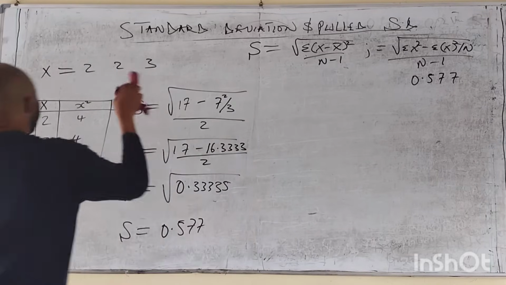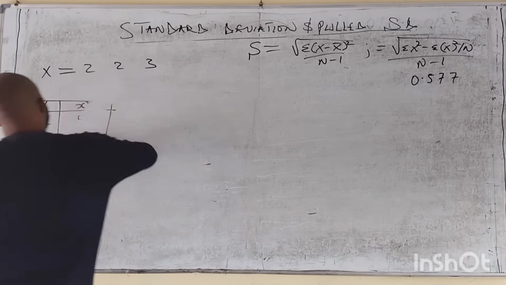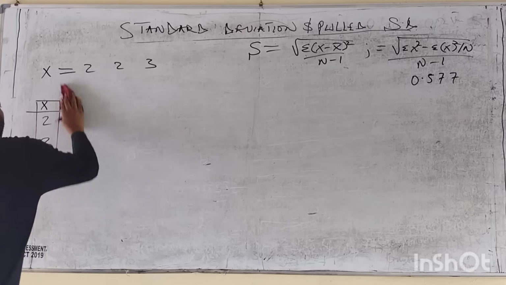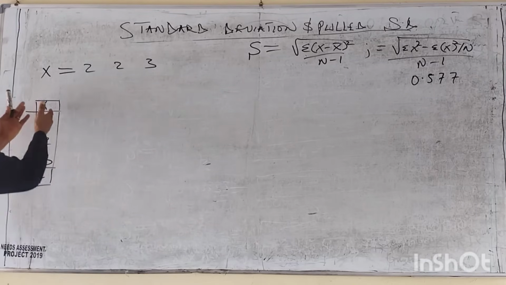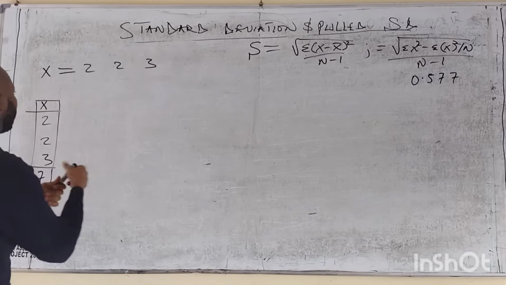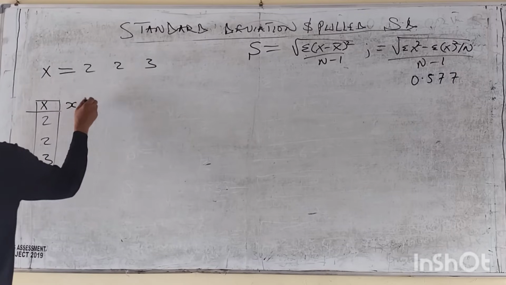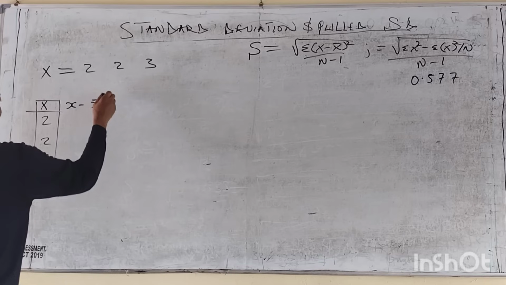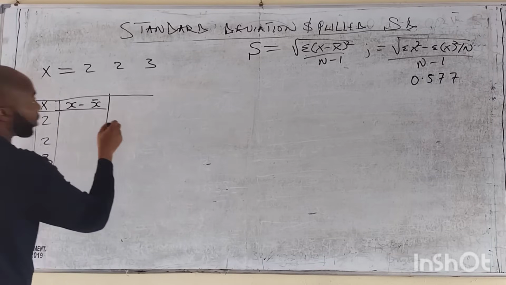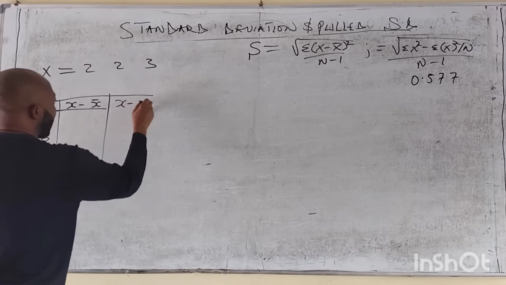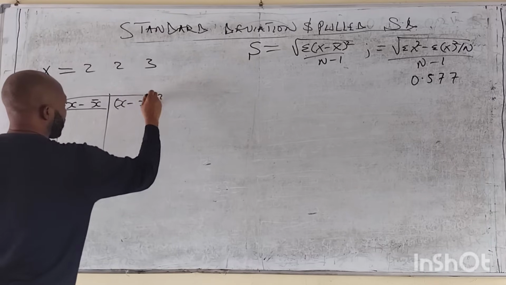So let's take this other one. We're going to have a different table because their formulas are different. In this other case, we have x minus the mean, which is x minus x bar, and we have x minus x bar squared. We have to square it.